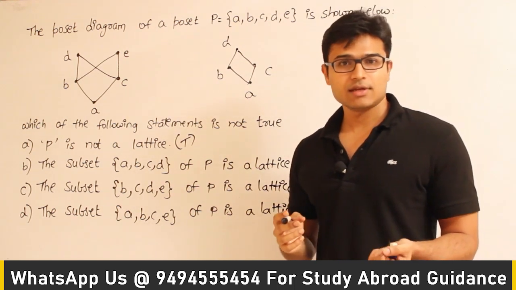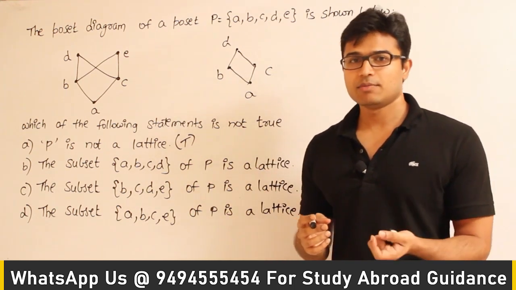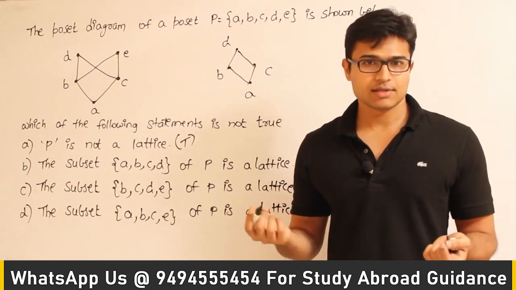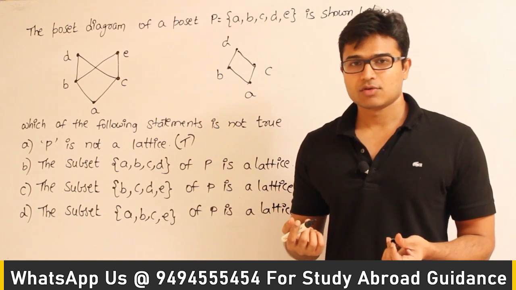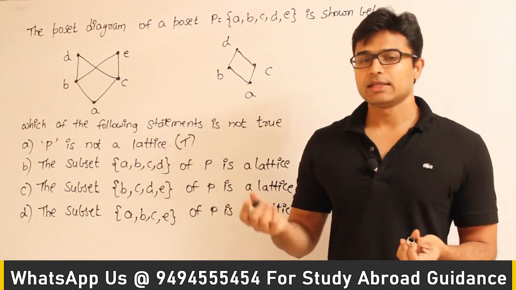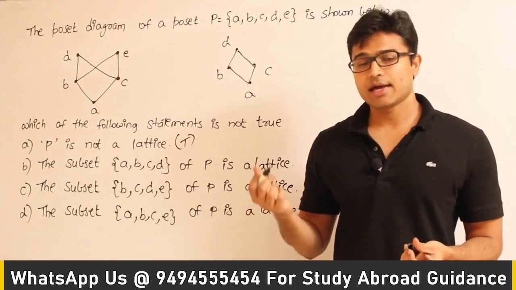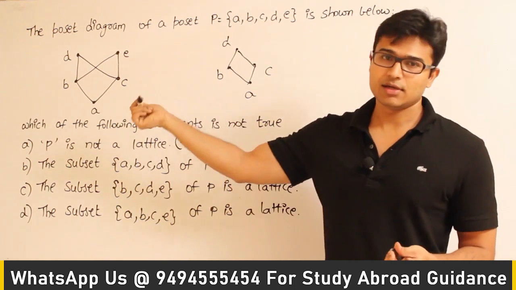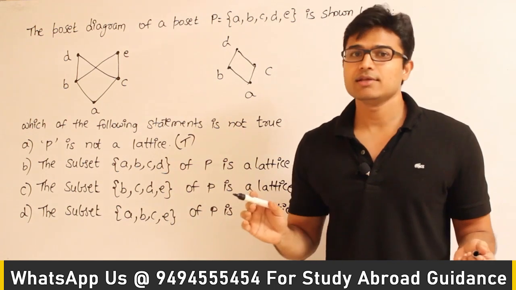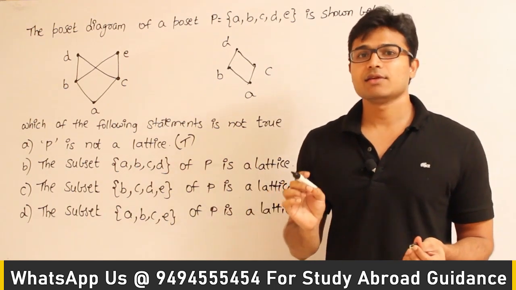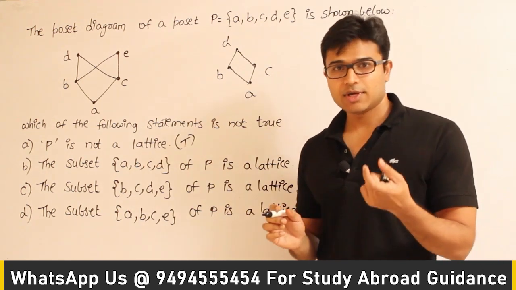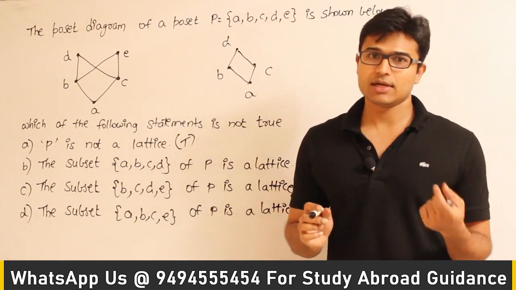So when can you say that a poset is a lattice? If for every pair of elements there is a least upper bound and greatest lower bound, you can say that it is a lattice. What about a sublattice? The least upper bound and greatest lower bound have to be the same as they were in the given lattice, but they are not talking about the sublattice. They are just asking whether it is a lattice or not. So you are just supposed to check for every pair of elements if there is a greatest lower bound and least upper bound.